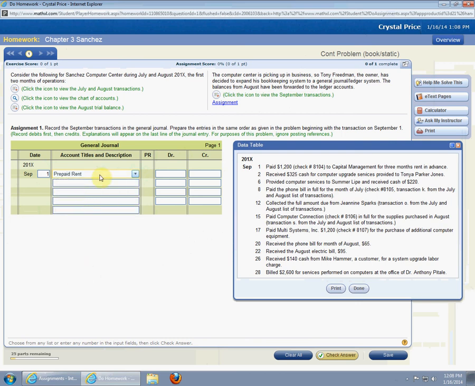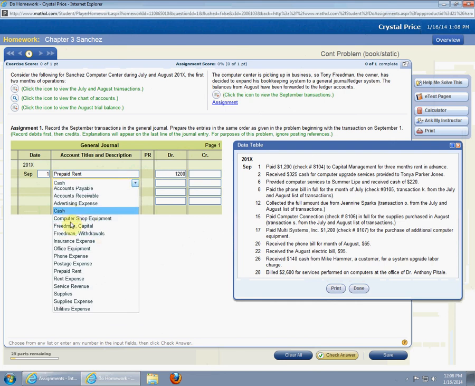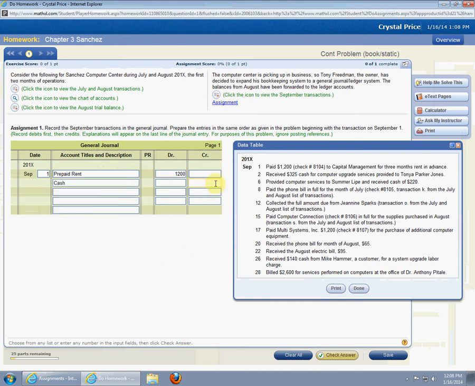So the debit entry goes first, and then we debit the amount, $1,200. Then we put the credit entry, which was cash, and we credit it. This is a little easier than the T accounts to see your debit and your credit, so you can see right away that they're equal.